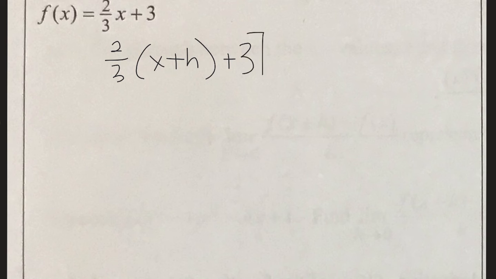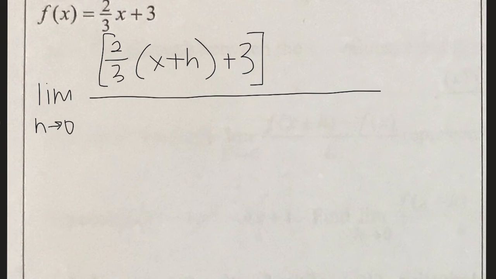That's your original. So we're taking the limit as h goes to 0 of f of x plus h minus f of x, which is 2/3 of x plus 3, all divided by h.